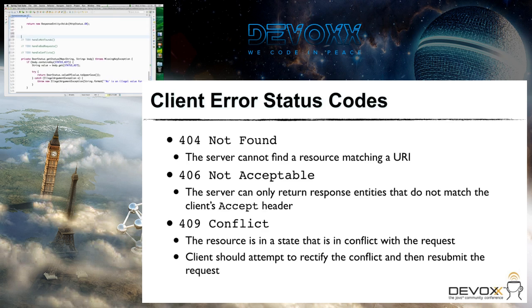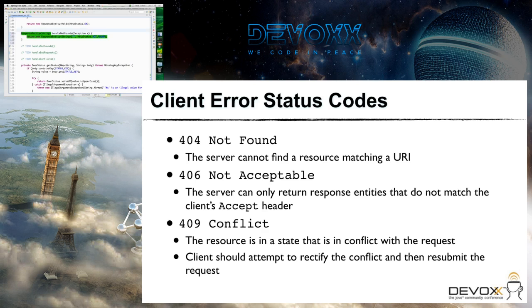So it is possible for us to say, come back to this in a second. We actually want to return a not found instead of an OK. And when do I want to do that?